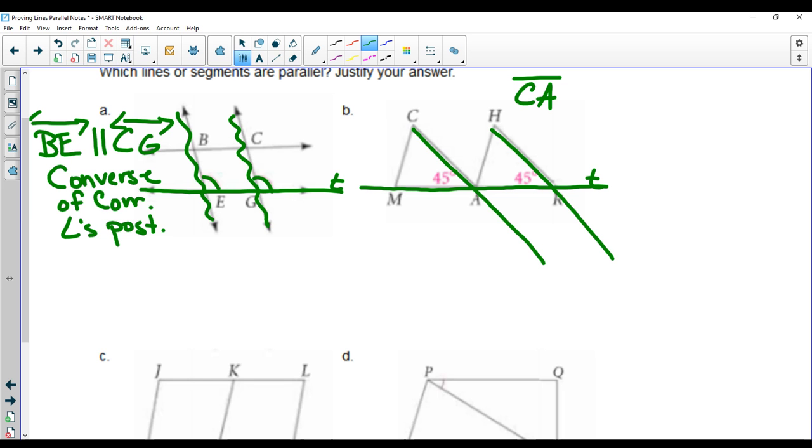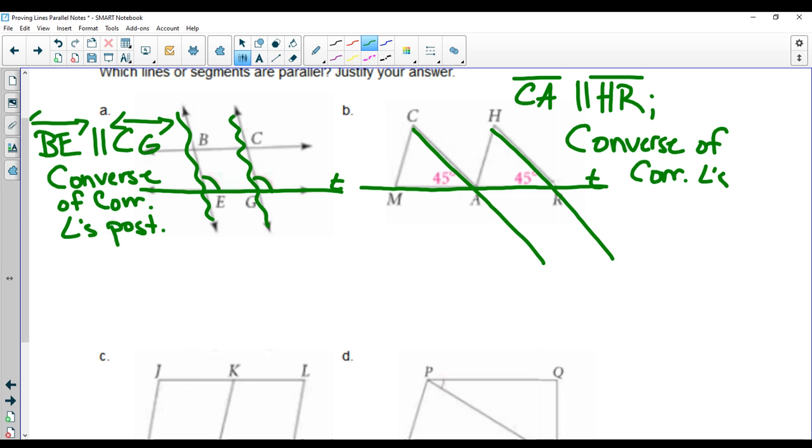I'm going to use segments this time because I started with triangles, so you always go back to what you started with. So segment CA is parallel to segment HR. Why do we say that? The converse of the corresponding angles postulate says I can say that.